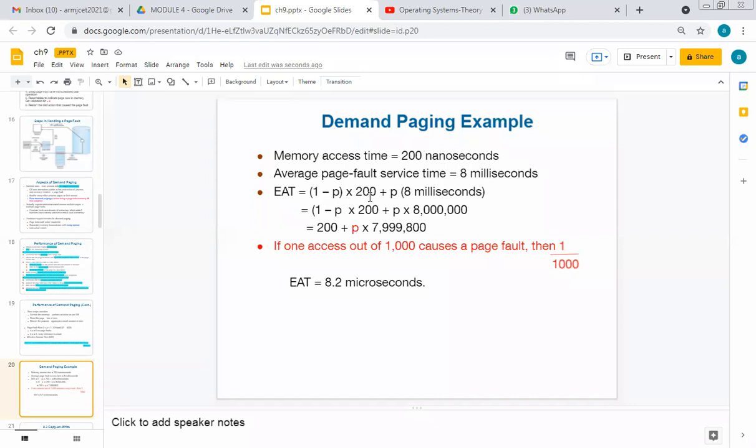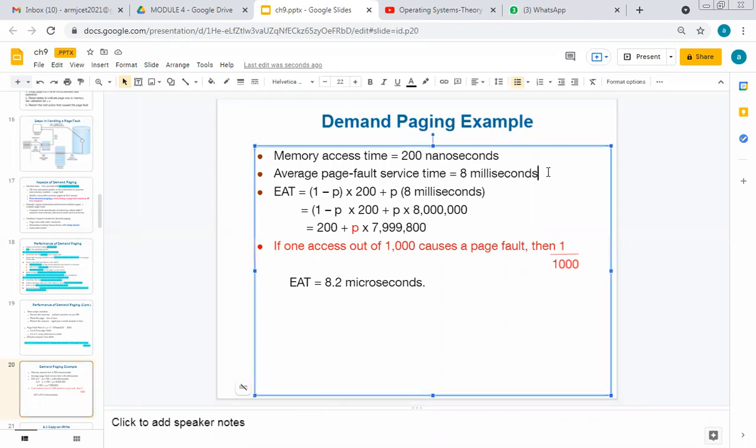(1 minus P) into 200. That means I am keeping everything on the nanosecond scale only. 8 milliseconds will become this many nanoseconds, because milli means, what is your reference, 10 to the power of minus 3, and nano means 10 to the power of minus 9. So 200 into 10 to the power of minus 9, and it is 8 into 10 to the power of minus 3.